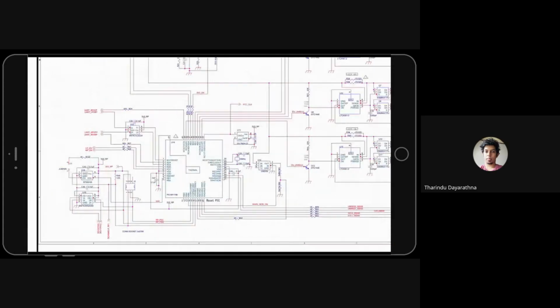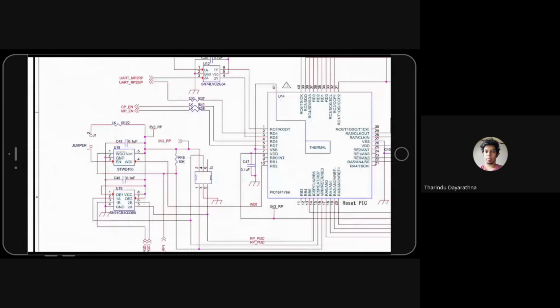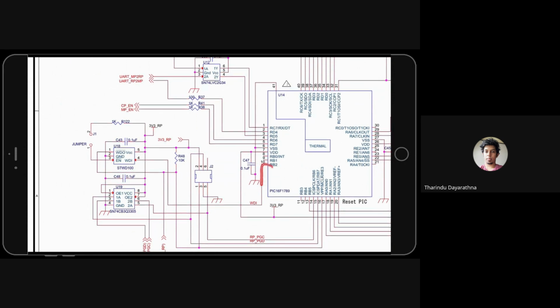Okay, let's come here. This is the watchdog timer chip. You can see here the input signal line goes to the WDI, and the WDO output goes to MCLR here.